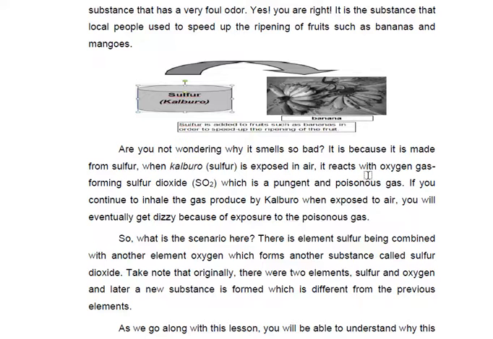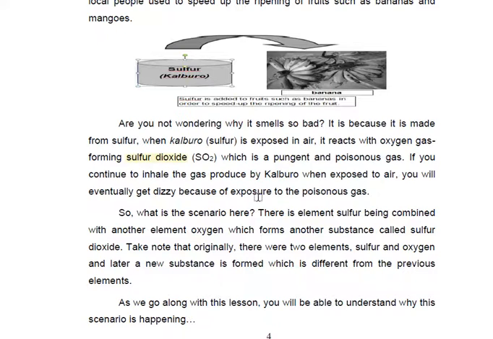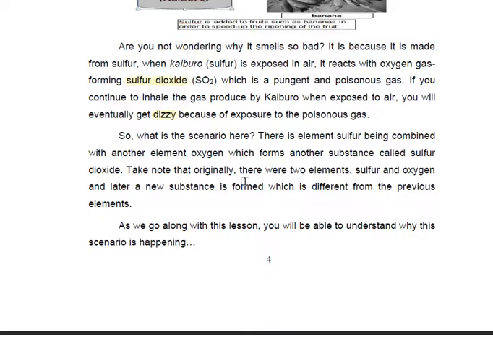So that's it. So kalburo is sulfur, and then when it is exposed in air, it reacts with oxygen and it becomes sulfur dioxide. Okay. It is a pungent and poisonous gas. Alright? If you continue to inhale the gas produced by kalburo when exposed to air, you will eventually get dizzy because of the gas.